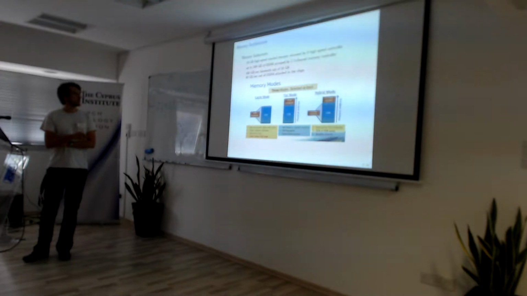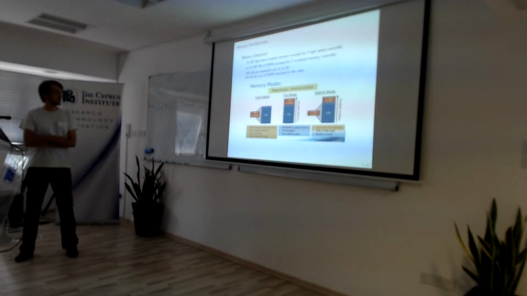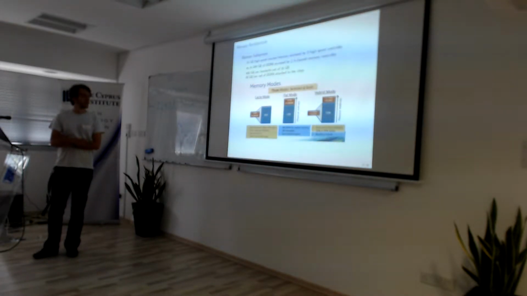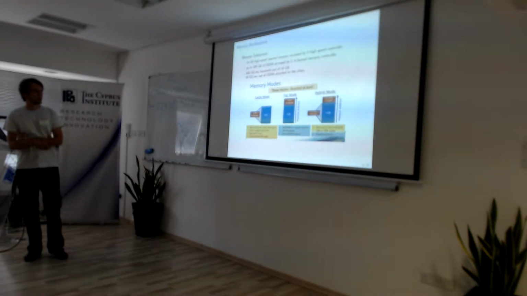The bandwidth towards the 16 gigabyte MCDRAM is around 400 gigabytes per second, and there's a connection to the DDR4 RAM which goes around 90 gigabytes per second. And it provides different memory modes for how this memory can be used: the cache mode, the flat mode, and the hybrid mode.